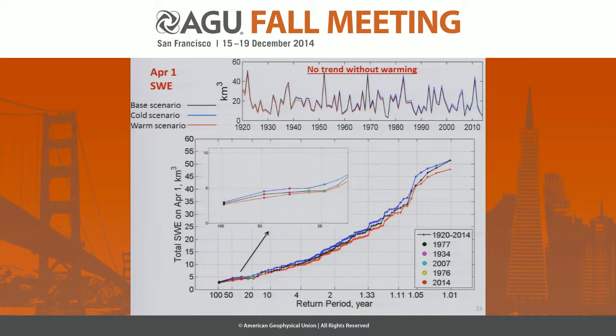And again, we did frequency analysis for the 2 virtual scenarios. We can see that after we remove the warming trend, the rank of the water year 2014 would go up a little bit, but it would still be among the 5 driest years in the record, and similar for the other extreme dry years.